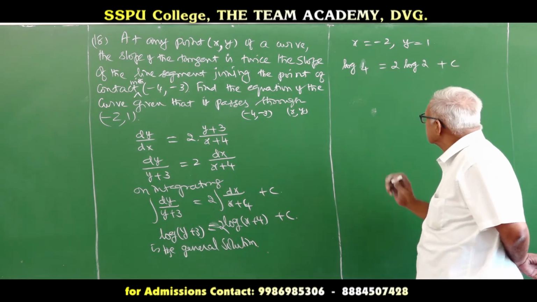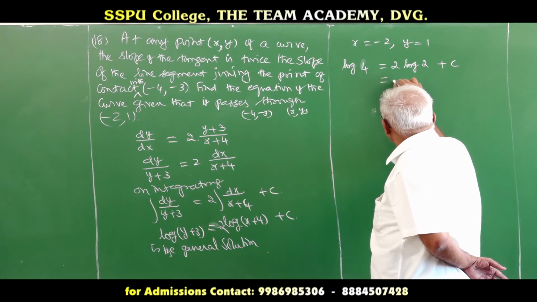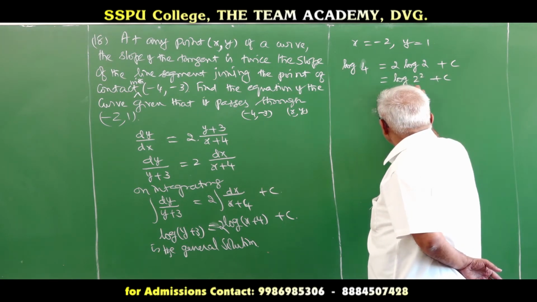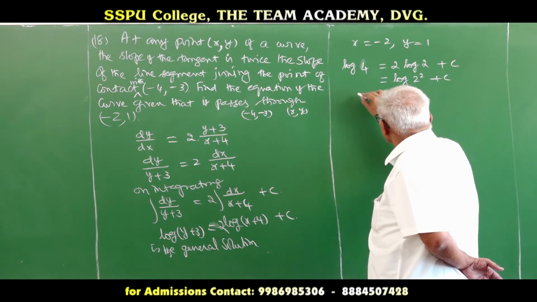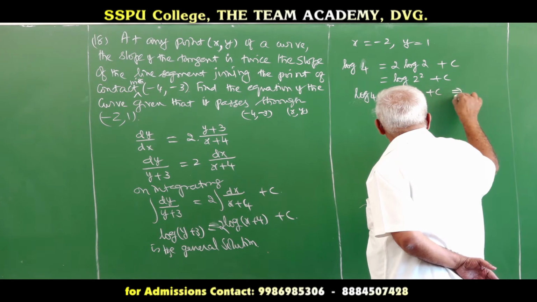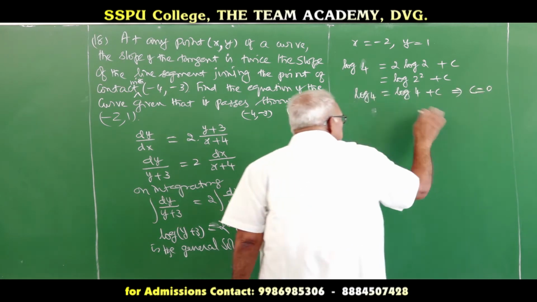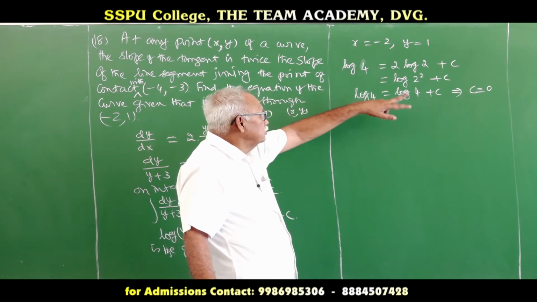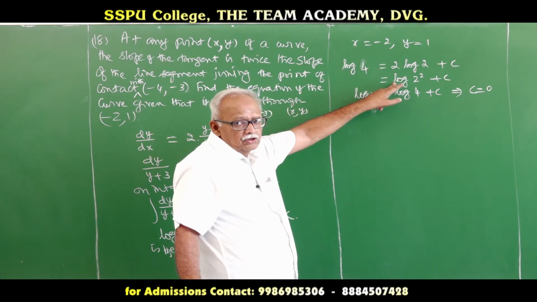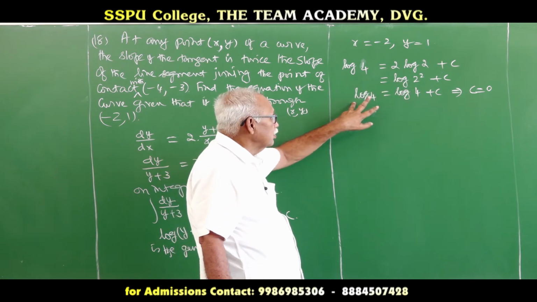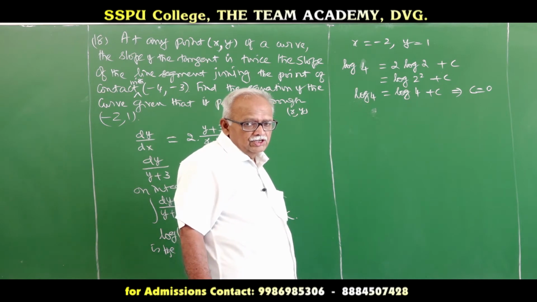So, this is again log 2 square plus c, that is log 4 is equal to log 4 plus c. This implies c is equal to 0. You can see 2 log 2, the 2 can be taken inside the logarithm and it becomes 2 square, log 4. So, c is equal to 0.